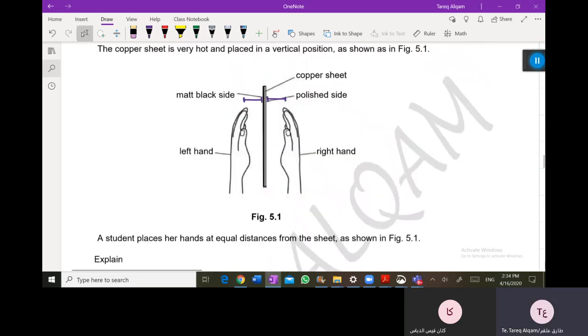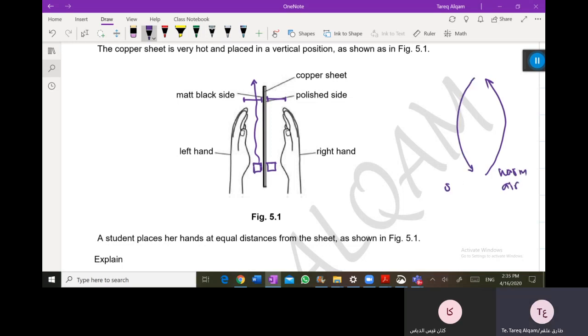Guys, convection here: there is hot air, here it is hotter. Let's consider this. Hot air, as a result of convection, rises up, because the convection is taking place vertically. Warm air rises up. Cold air sinks down.